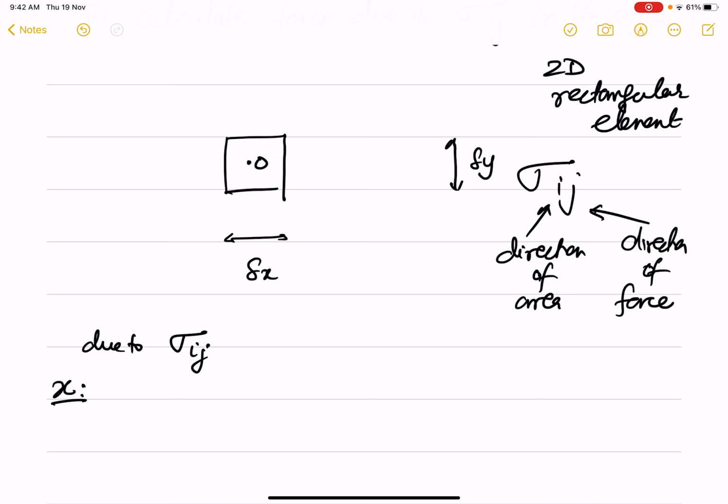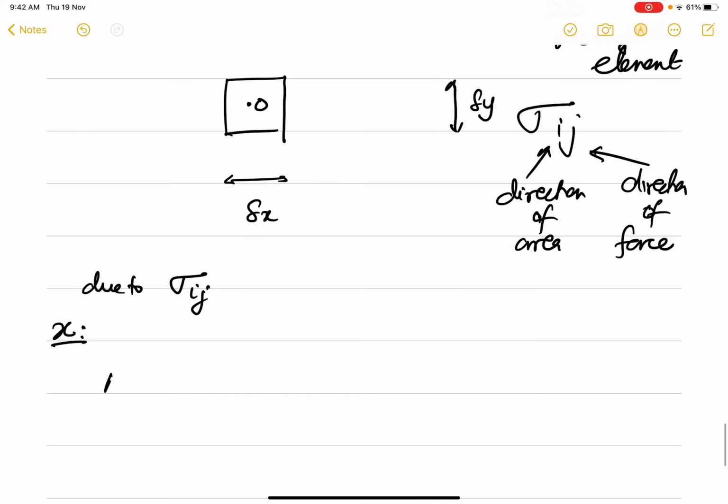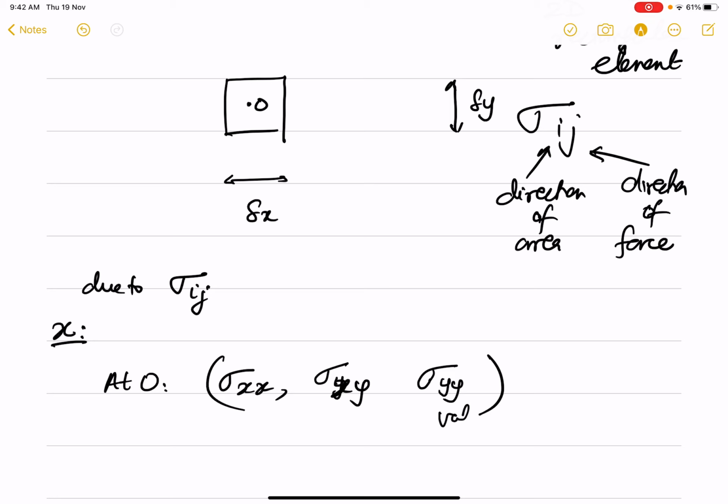Due to the stress tensor, what are the forces in the x direction on this rectangular element? So now at O, at the origin, we have sigma xx, sigma xy, and sigma yy. These are the values of the stress tensor at O. I'm not writing sigma yx because that is the same.